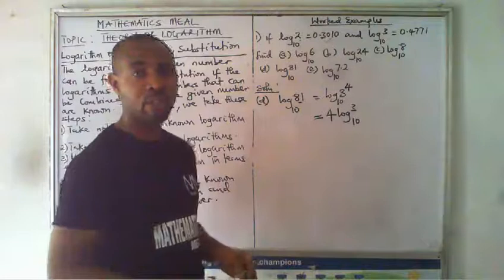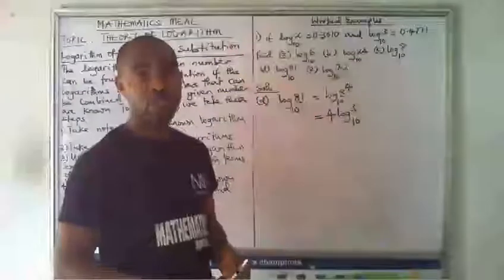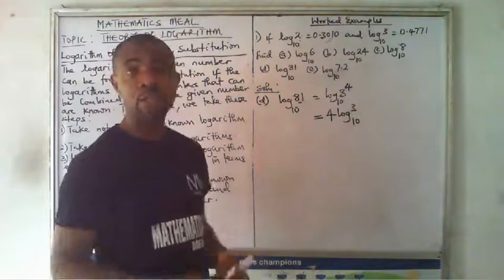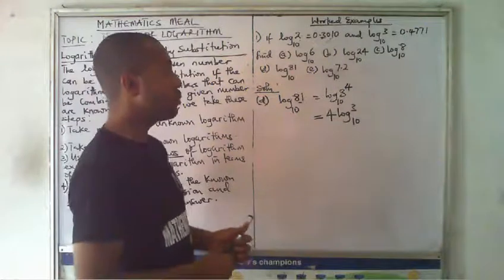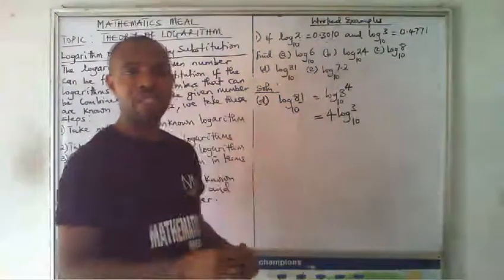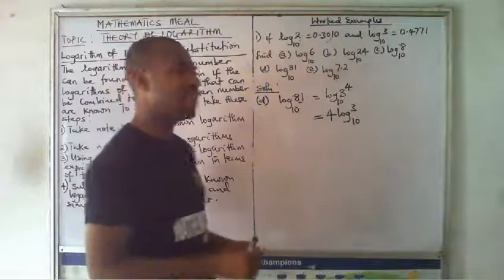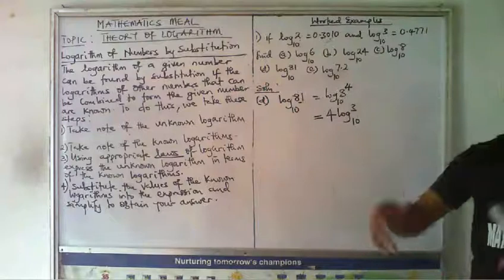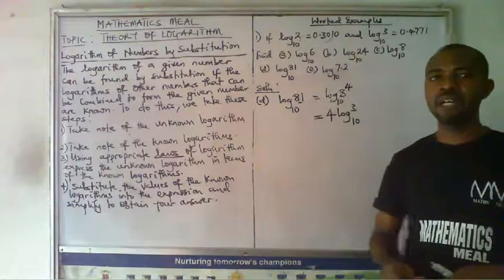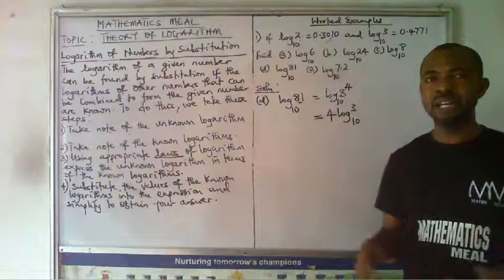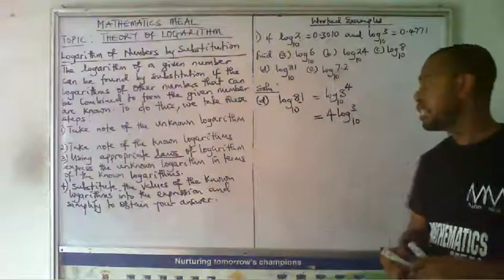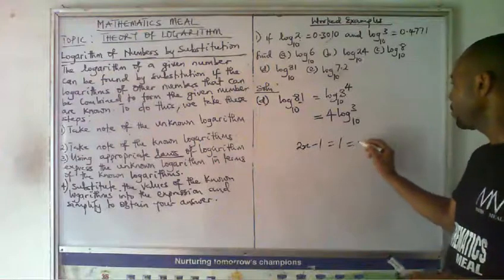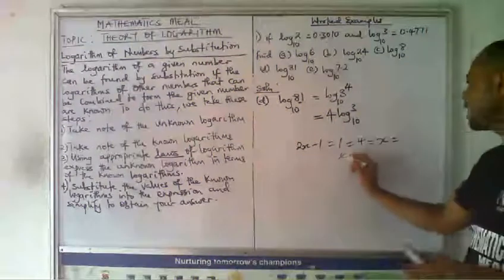Failure to remember the laws of logarithm, you will commit a mathematical offense in logarithm, and that means you are going to logarithm prison. That's true. That's why so many people will be solving a problem and get stuck at a particular point because there is a law or a step they have failed to apply. So they will enter into the prison of that topic and just be running around. And that's when students become magicians. They will just do a lot of things. Students will just tell you 2x minus 1 equals 1 equals 4 equals x, and then finally x equals 1.